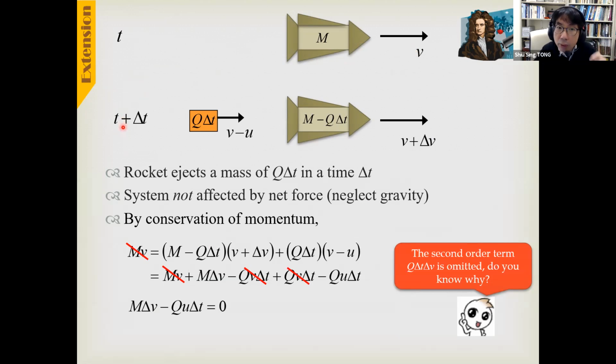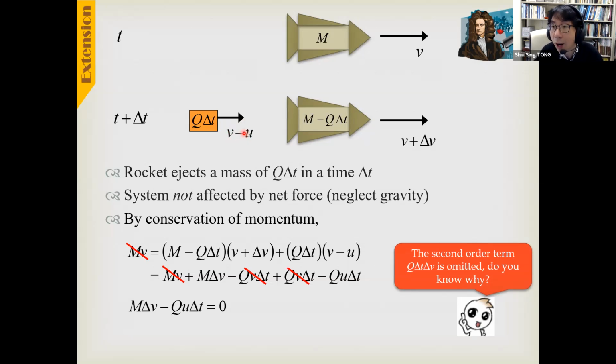And in a short moment later, in just a small time interval delta t, the rocket ejects an amount of fuel of mass equal to q delta t, right? q is the mass ejected per unit time. So q delta t is the mass of fuel ejected in the time delta t. And it is ejected at a velocity v minus u, as we said before.